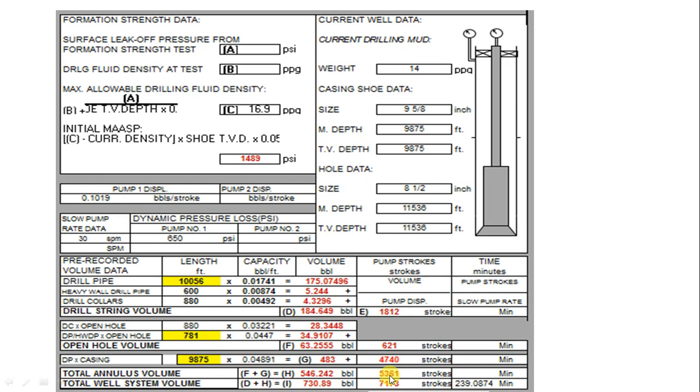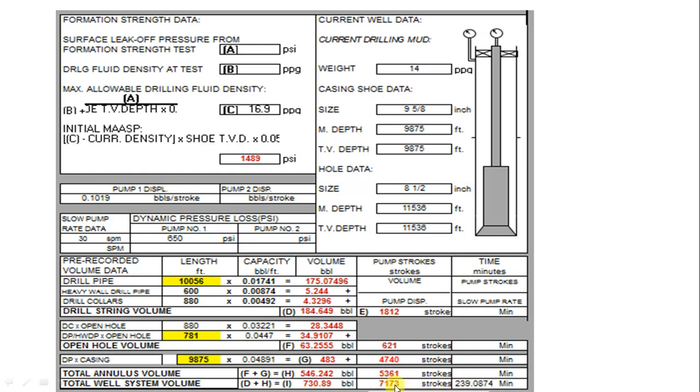Also, he may give you another question: what is the total time for full circulation? Which means the total well system, which gives you the number D plus number H, it will give you the total volume, and by dividing with the pump displacement it will give you the total strokes in the system or on the well.